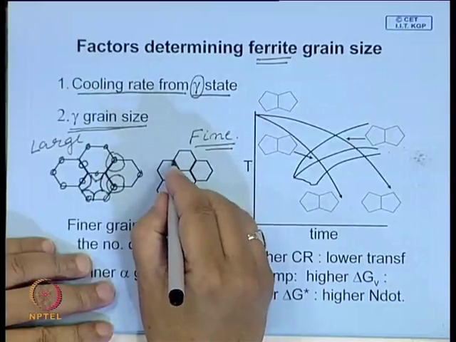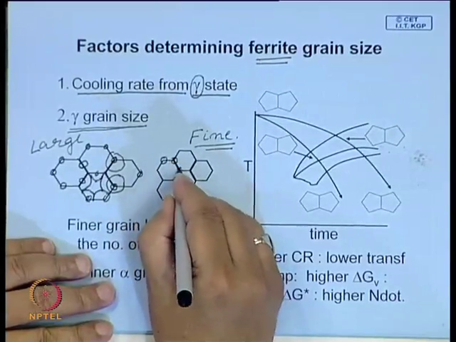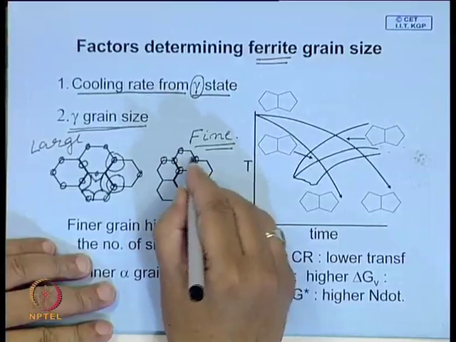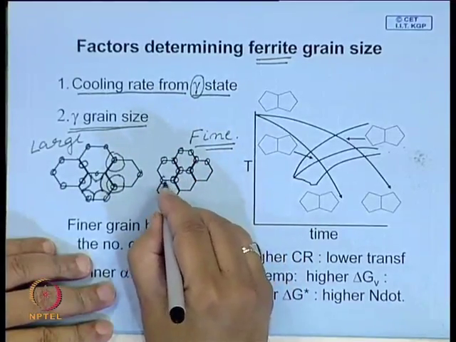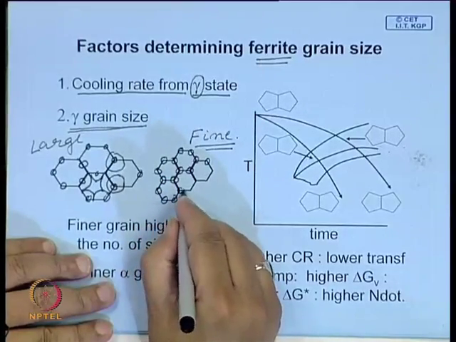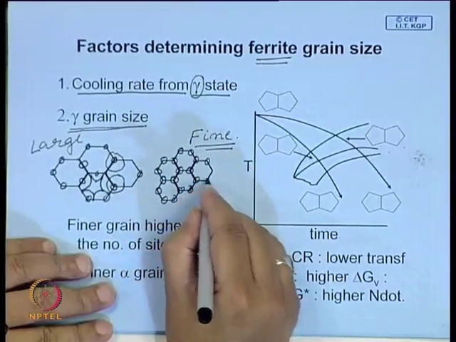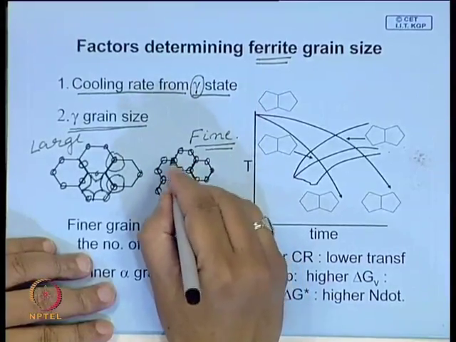So, therefore, you have more sites for the ferrite grains to nucleate. They all nucleate at these places, let us say, and again you go through the same exercise. Even if you assume all these grains which have nucleated grow at the same rate, in between you may also have some nucleation possible.